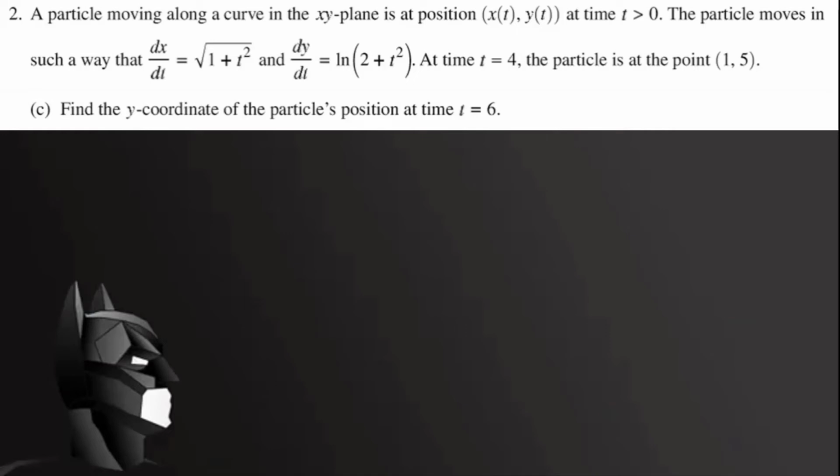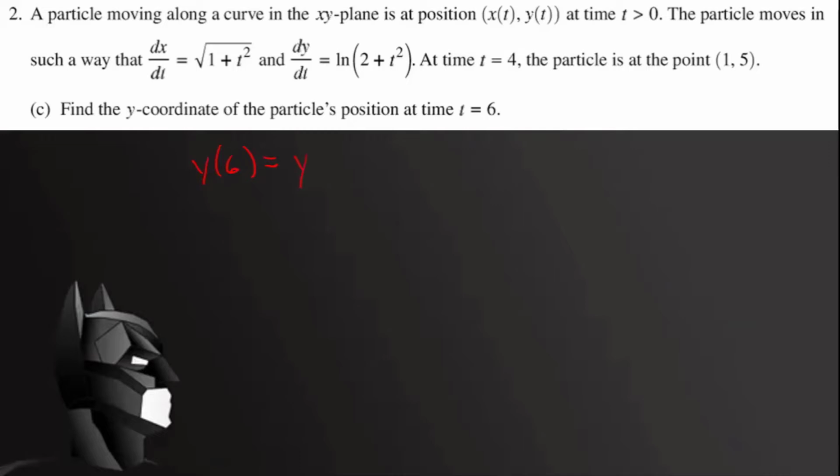Okay, so now we need to find the y-coordinate of where the penguin is heading. It's very important. So in order to do this, we look at the problem, and hey, we have the given information that we need. But let's start with the problem. So we want to find the position of it at t equals 6 seconds. So we do y at 6 seconds, and we need to set up an equation. So we need to say the final, which is what we're finding, equals the initial, which, we have a point at t equals 4, so we're going to use that.